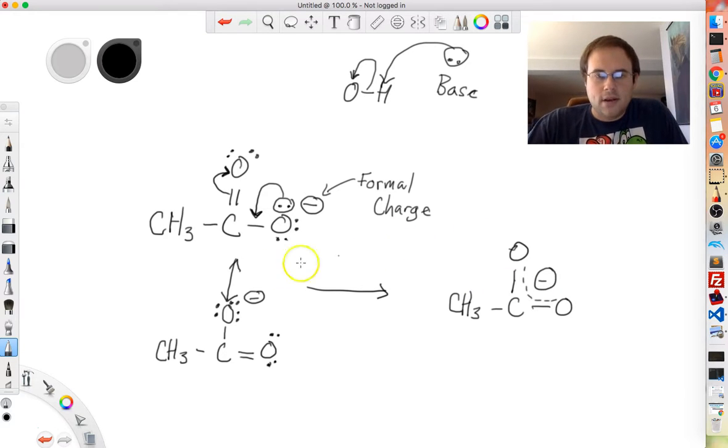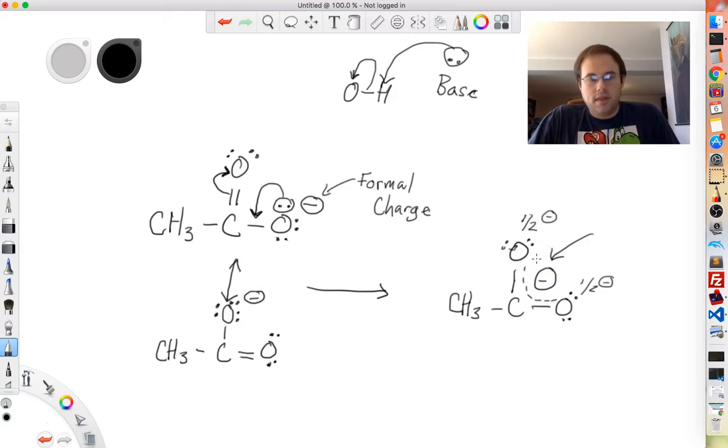You can see the pi bond, the double bond, shifts back and forth, so the extra electrons are delocalized, or spread out, between these two oxygens. We don't have one oxygen taking a turn with the formal charge and then the other. Electrons are spread out evenly, so you can view it as half a negative formal charge here and half here, with one formal charge spread out between the two.